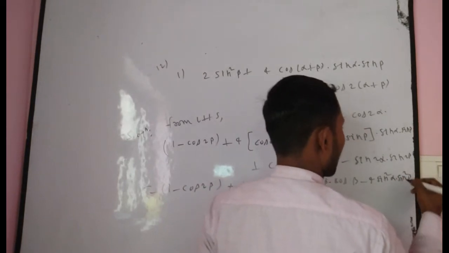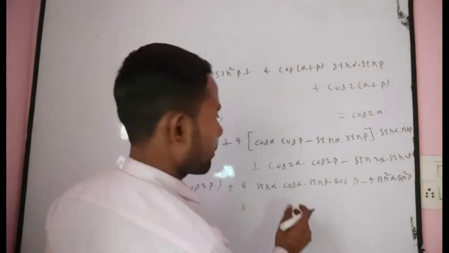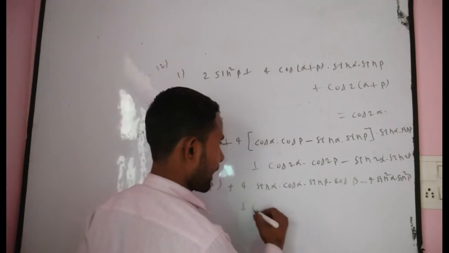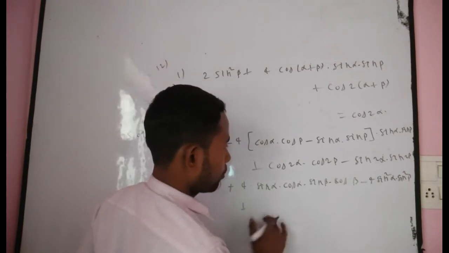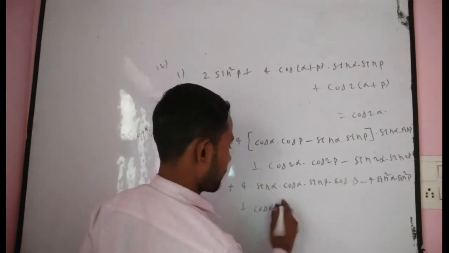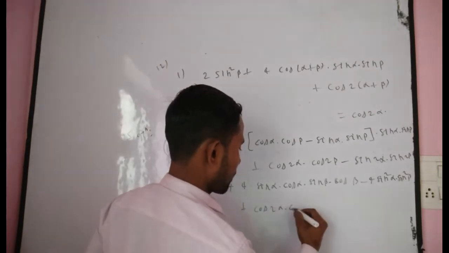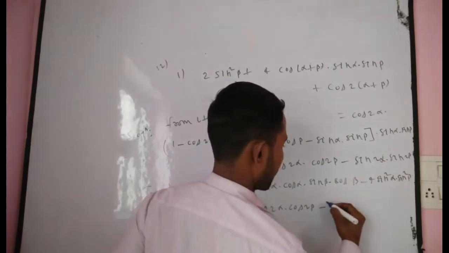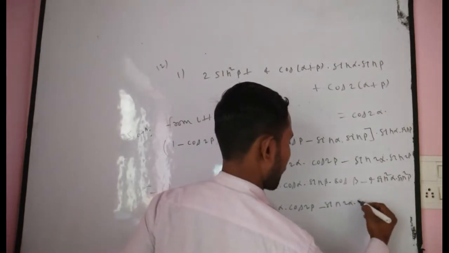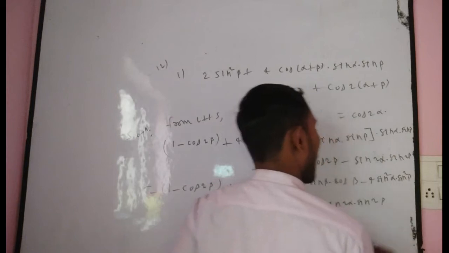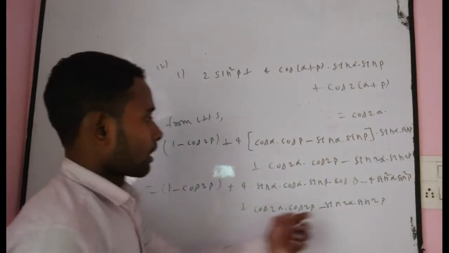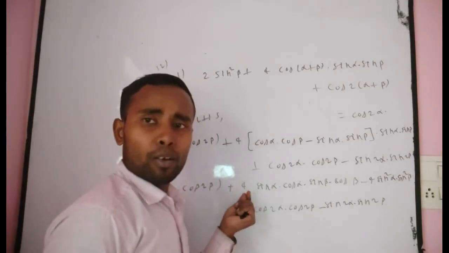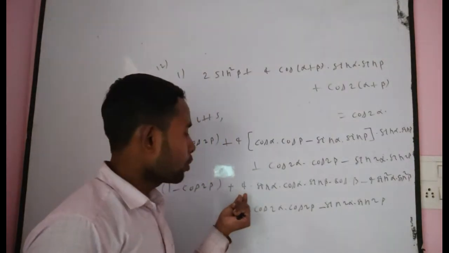Now the next term will be cos 2 alpha into cos 2 beta, minus sin 2 alpha into sin 2 beta. Now here you observe that 4 can be written as 2 into 2.